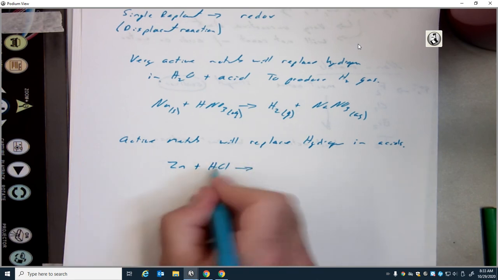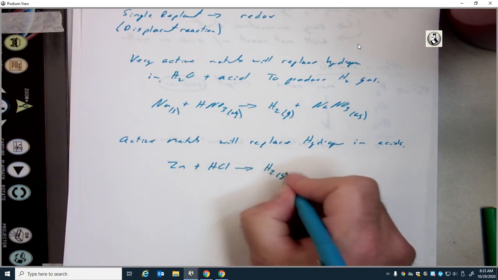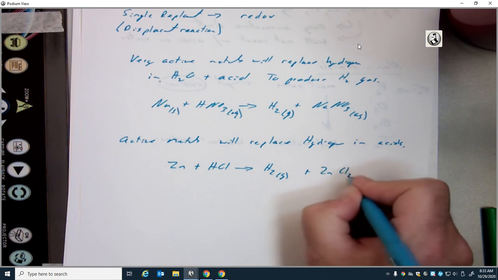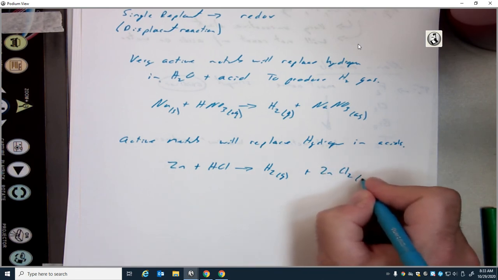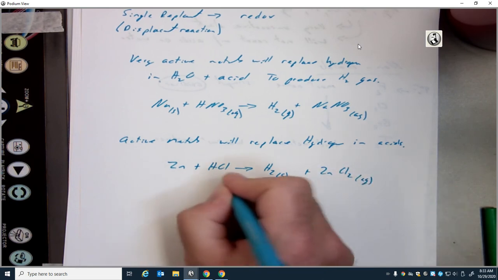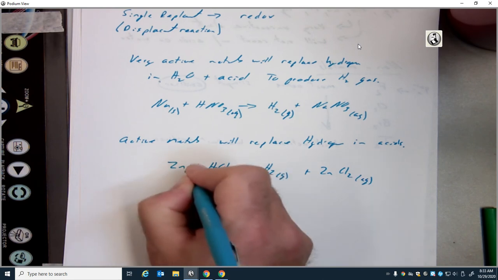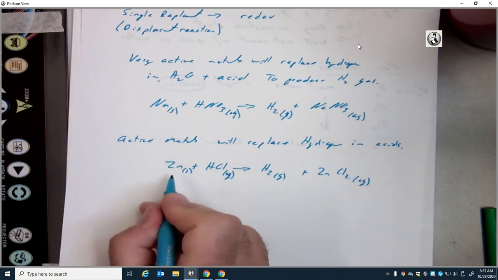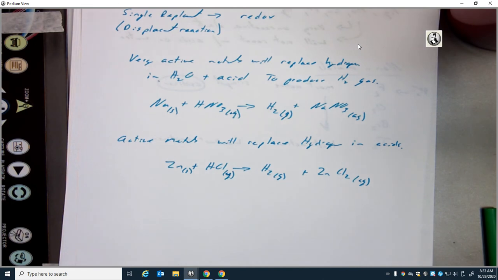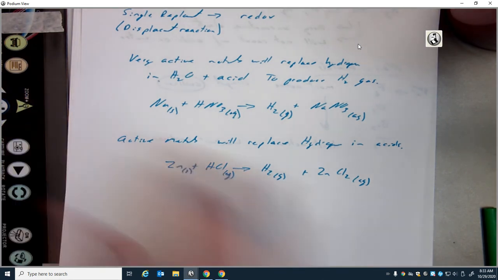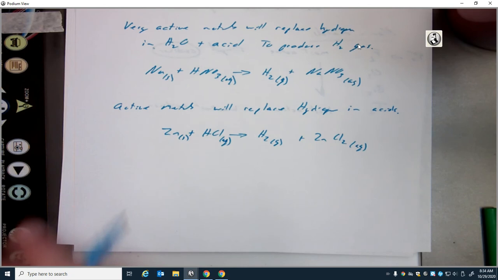Okay. It will replace the hydrogen. Okay, so this is also a redox reaction. So that's our single replacements. Now there are others.